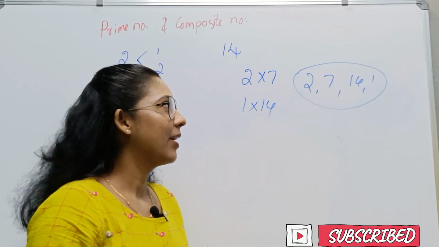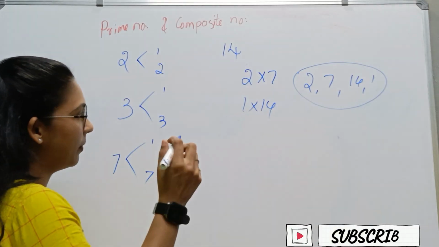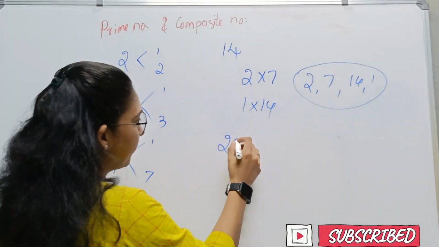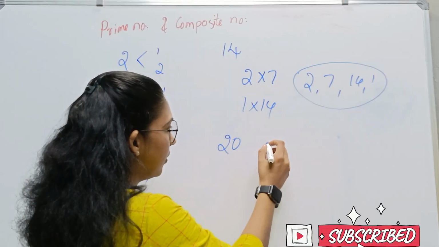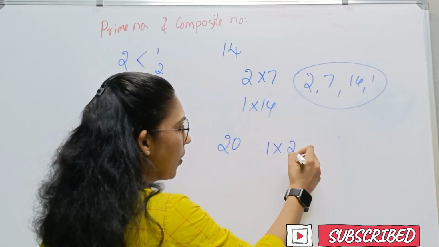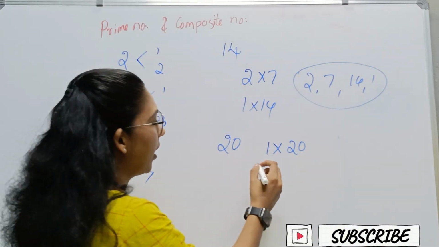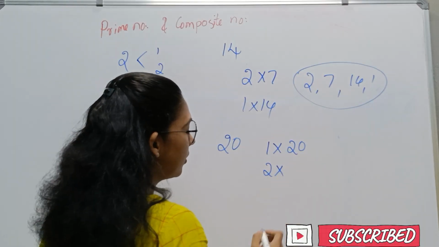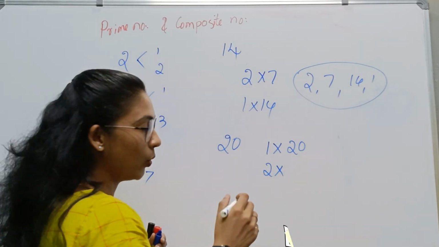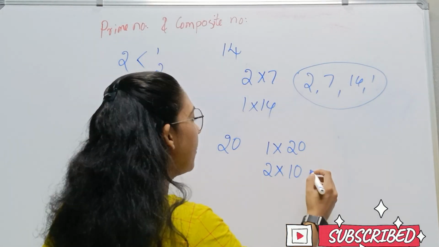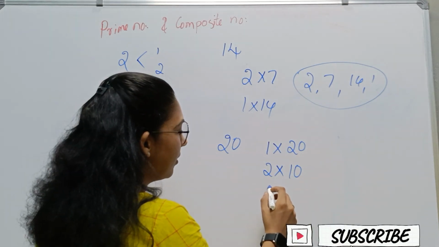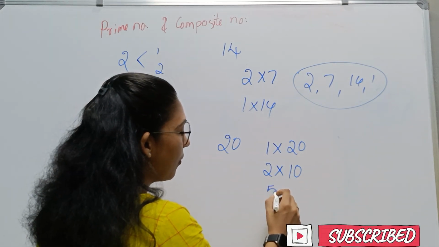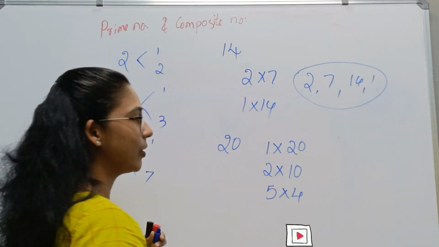Next we take another number, like 20. In the case of 20, we can write 1 times 20 is 20. In the multiplication table of 2, 2 times 10 is also 20. Then 5 times 4 is also 20.